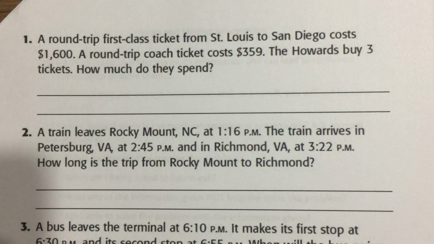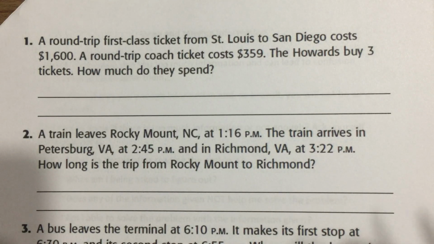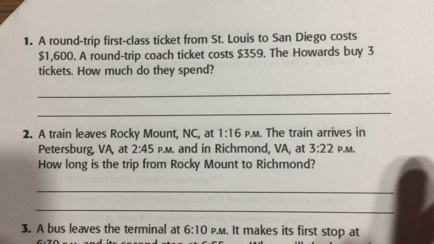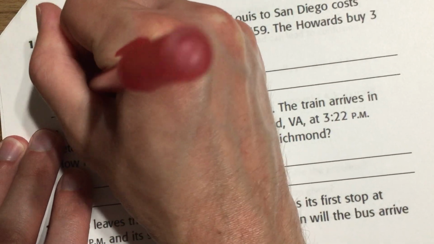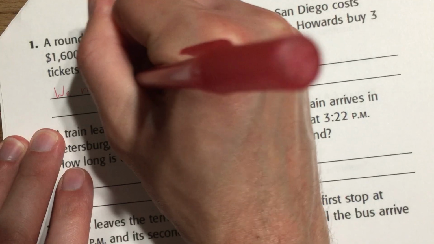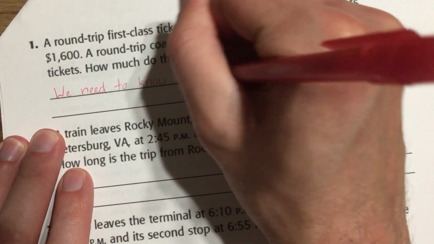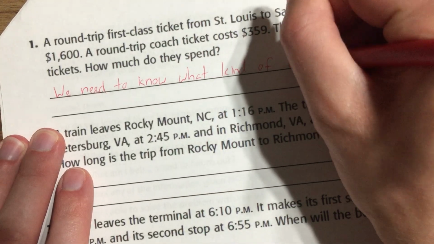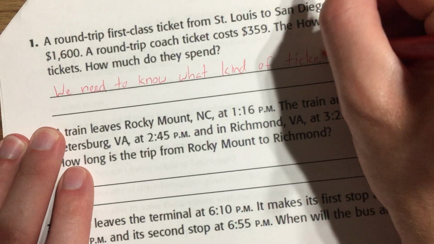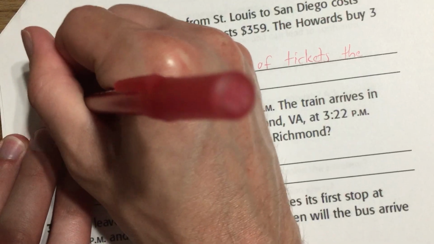We don't know. They don't tell us. So what we need to know in that case is how many of each ticket they bought. Okay, so we need to know what kind of tickets the Howards purchased.